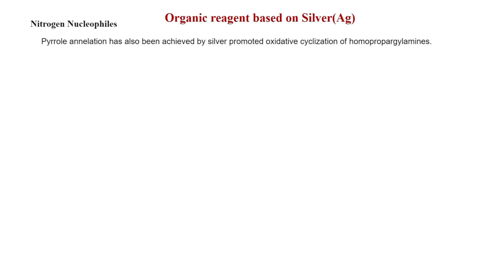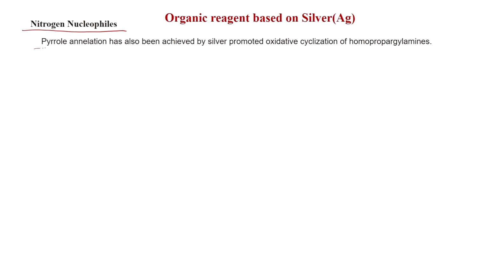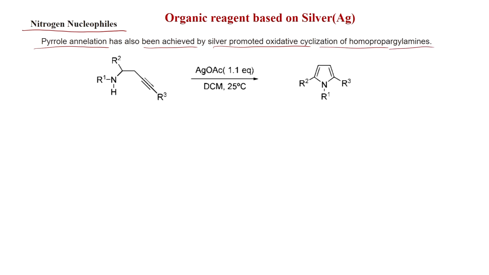So, now we will see nitrogen nucleophiles. Not only oxygen, nitrogen nucleophiles can also be used, and here also you can get different aza products. So, pyrrole annulation has also been achieved by silver promoted oxidative cyclization of homopropargylic amines, like this one, a homopropargylic amine.